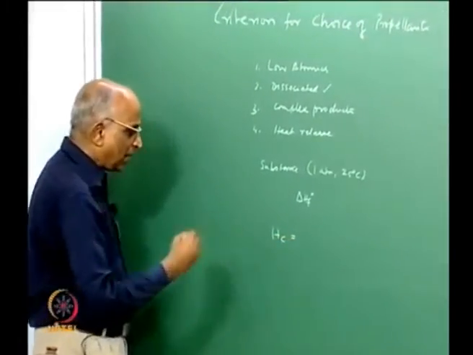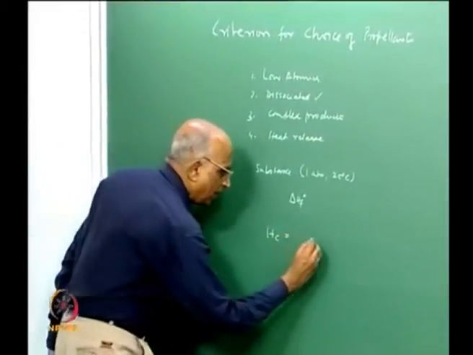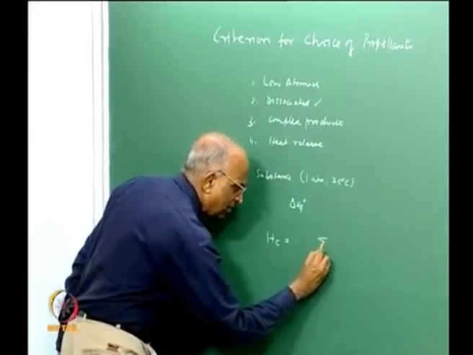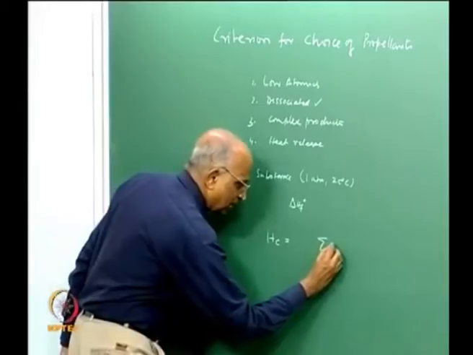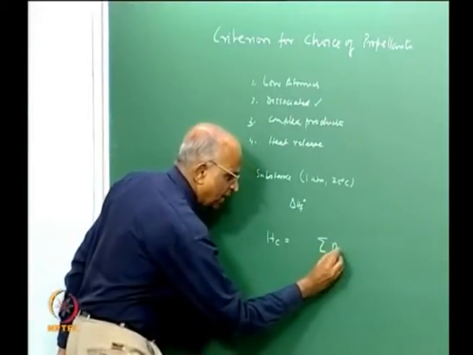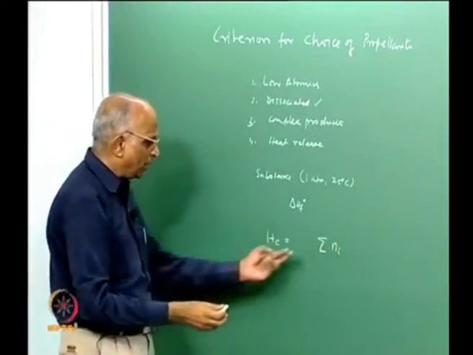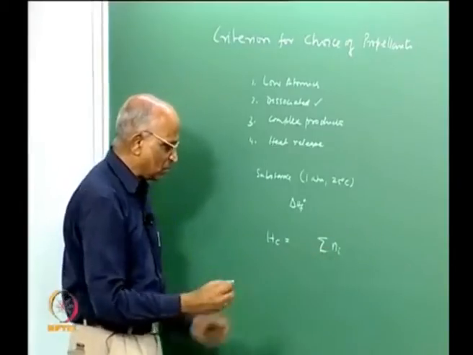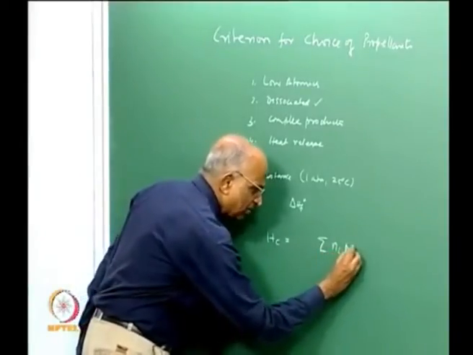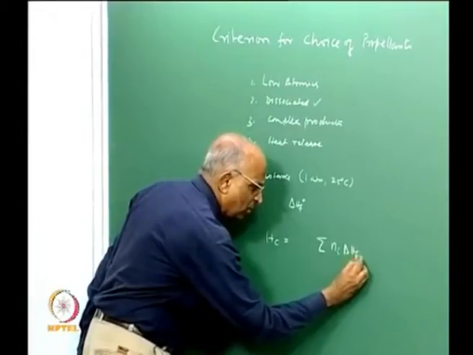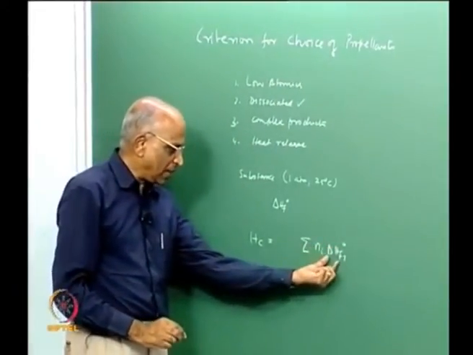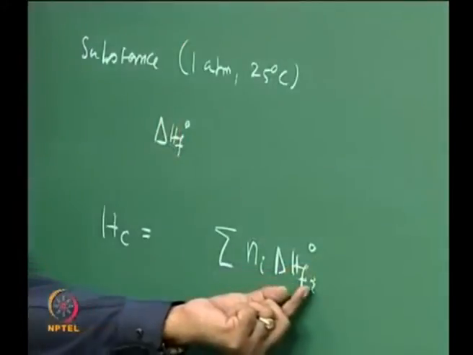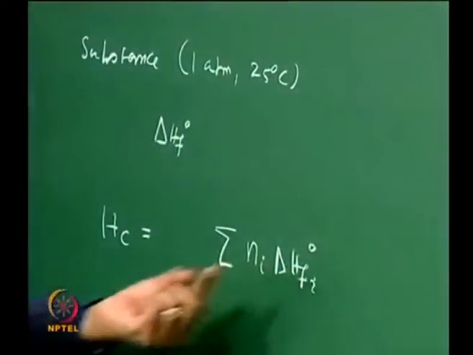We told ourselves, I will write it in a little different way. If I have products, the sum of the heat of formation of the products, let us say products consist of N1 moles of one, N2 moles of the second substance and so on, and each of these substances have a standard heat of formation, given by delta F corresponding to the ith substance.